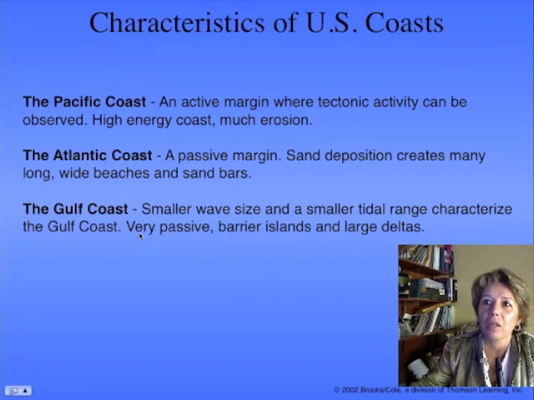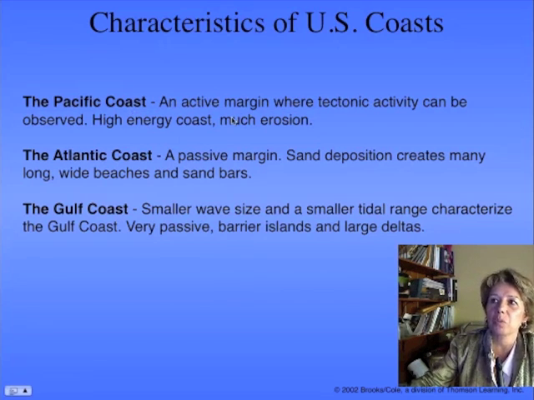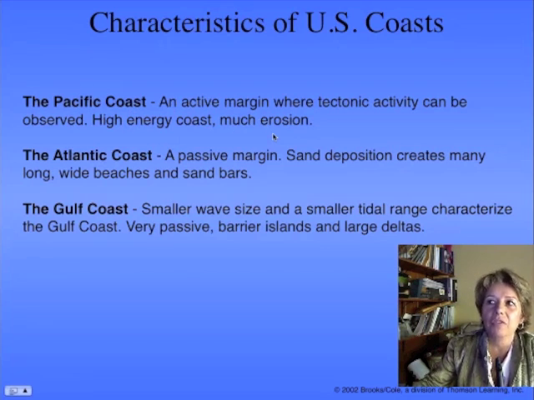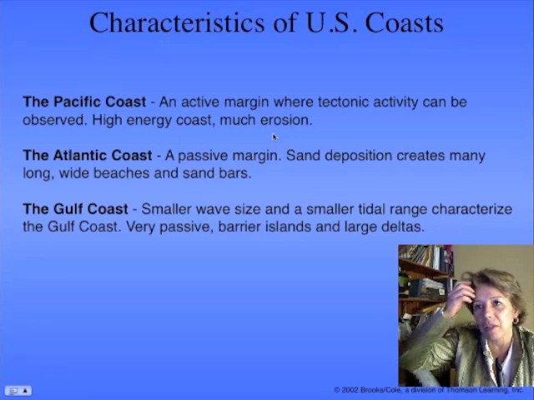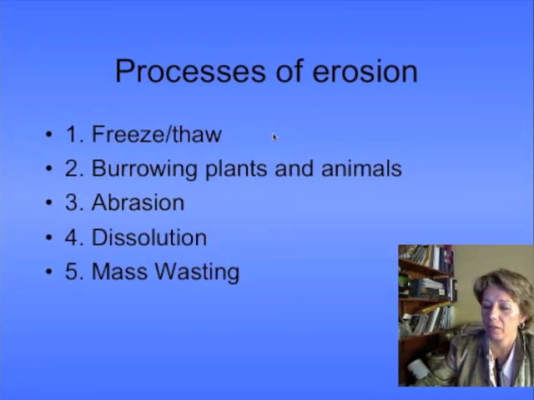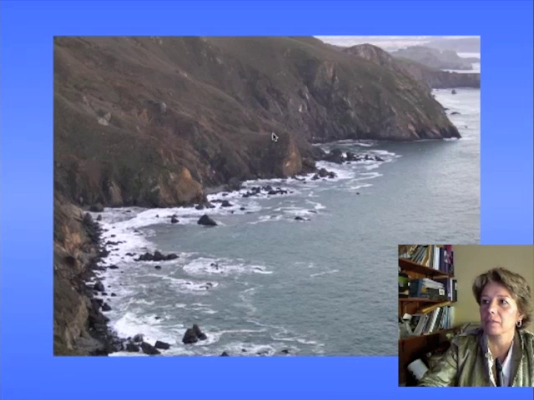We talked about the high energy coast and the low energy coast, the Pacific coast, a lot of tectonic activity, a lot of high waves, so it's dominated by those cliffs with lots of erosion that look like this.